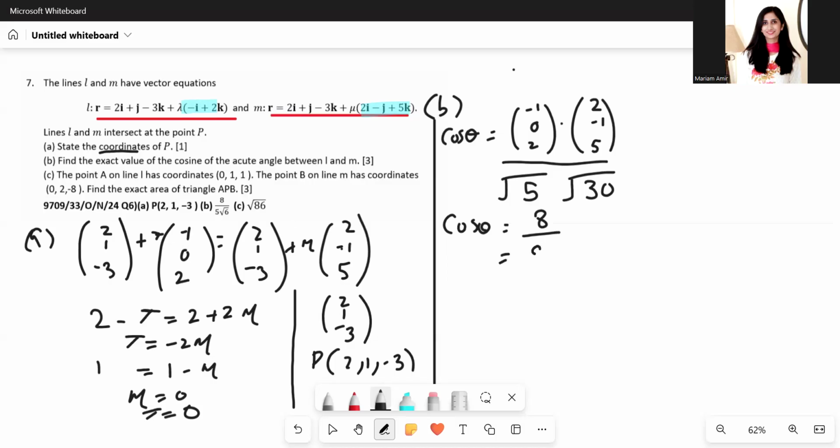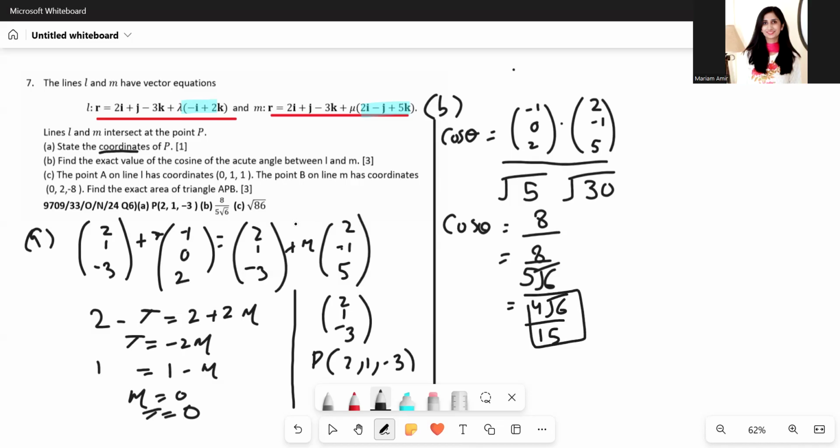So we are getting 8 upon 5 root 6. And if you would like to rationalize it, let me just enter it in the calculator. 8 upon 5 root 6 is 4 root 6 over 15. That's the simplest answer for part B.